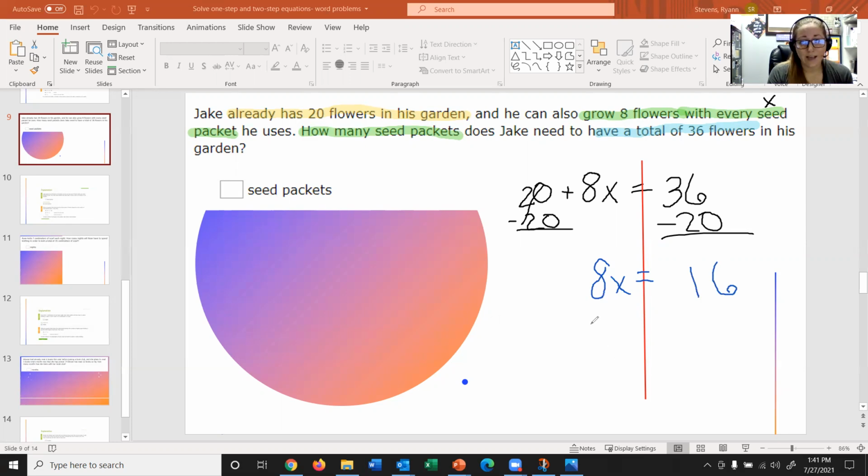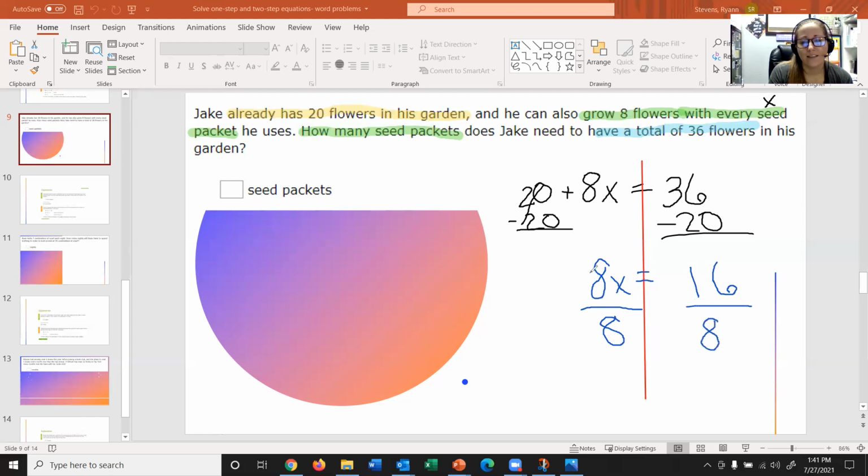So then our next step is we want to get that variable by itself completely. We want to know how many seed packets does Jake need to get the amount of flowers that he wants for his garden. So we know that if we knew what x was, if we knew what the variable was equal to, we would go ahead and we would divide, or we would multiply both sides, or the x by 8. So in this case, we're going to use the inverse operation. We're going to divide both sides by 8.